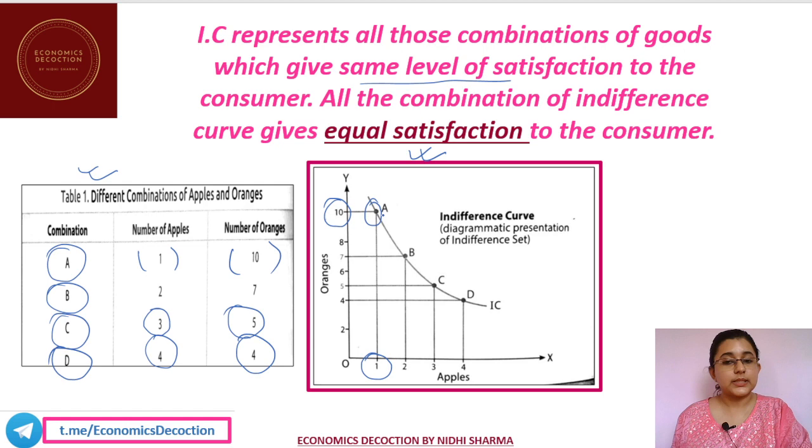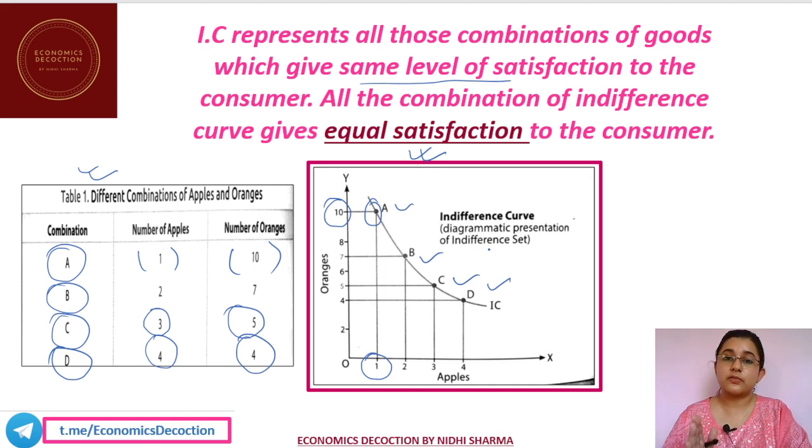As you can see, A, B, C and D have been plotted on a 2-axis graph, and this gives us our indifference curve. This indifference curve shows the equal level of satisfaction that a consumer derives by consuming these specific units of oranges and apples. So points A, B, C and D all represent an equal level of satisfaction.